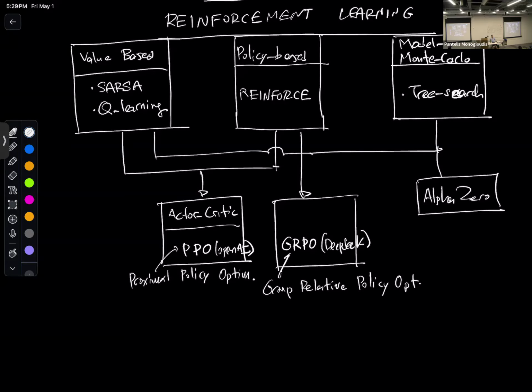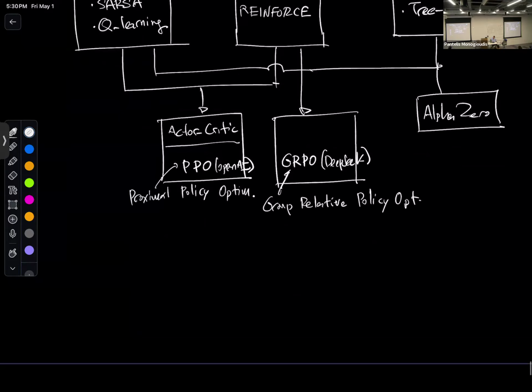This is the category of algorithms that are there. And there are some others which are not strictly speaking reinforcement learning, but you're hearing about them in the news, like DPO, or direct preference optimization. So this is another island, I would say.